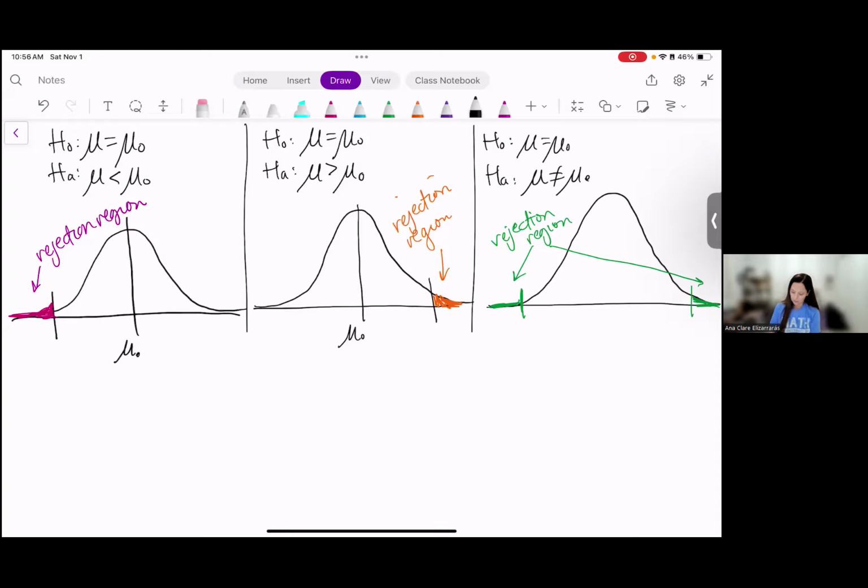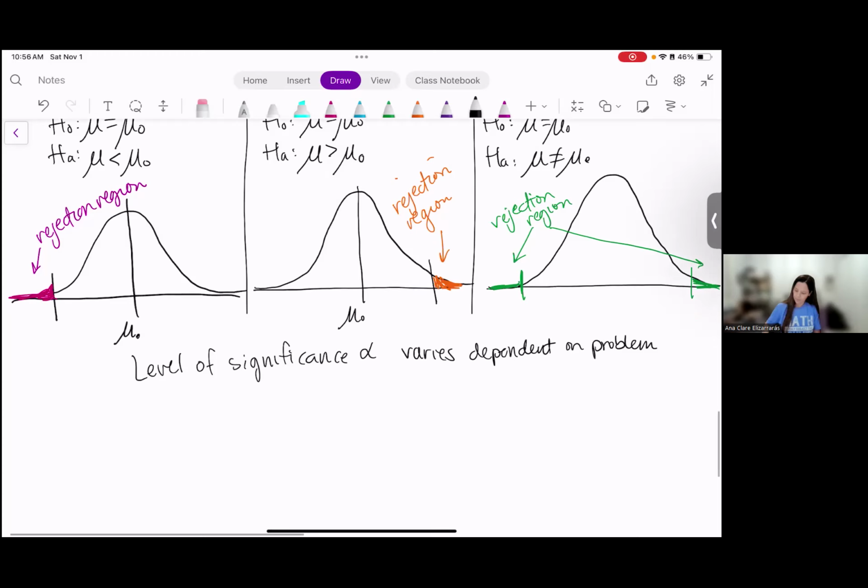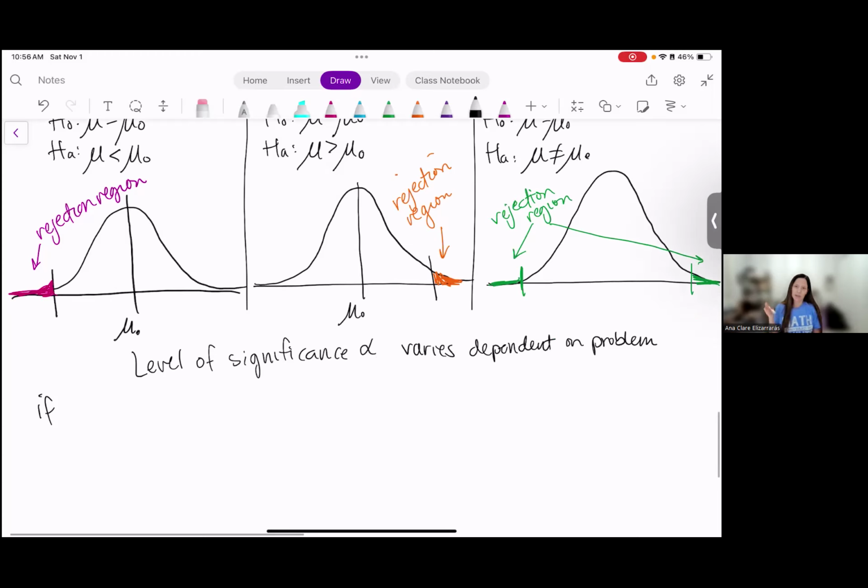So you have this level of significance, which we call alpha, which is the probability of committing a type 1 error, and it varies dependent on the problem. If we aren't given one in our class, we're going to use this arbitrary 0.05. Or in my class, I should say.